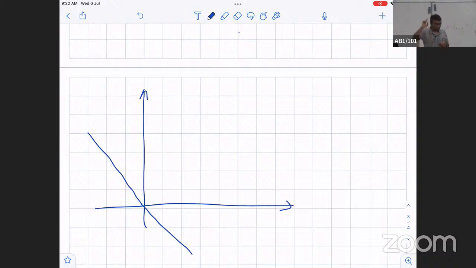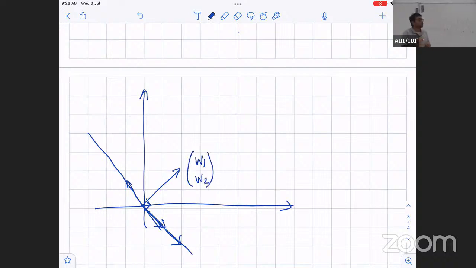But instead of using the usual notion, what I will say is that all the vectors that lie on this line, this is a vector on this line, this is another vector on this line, this is another vector on this line, all these vectors are orthogonal to another vector w. Let's say this w is (w1, w2).